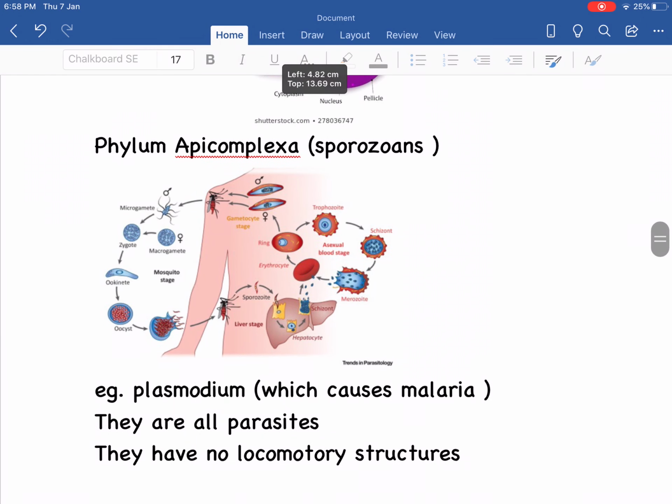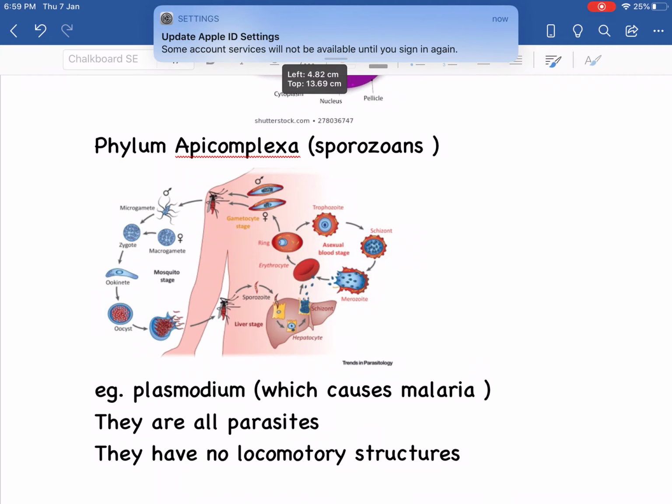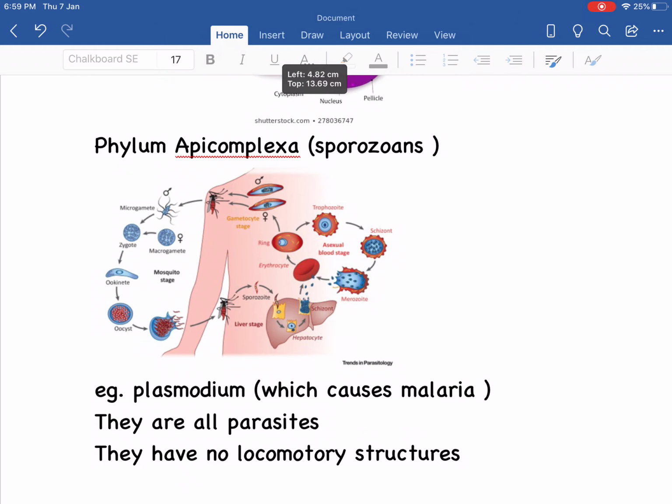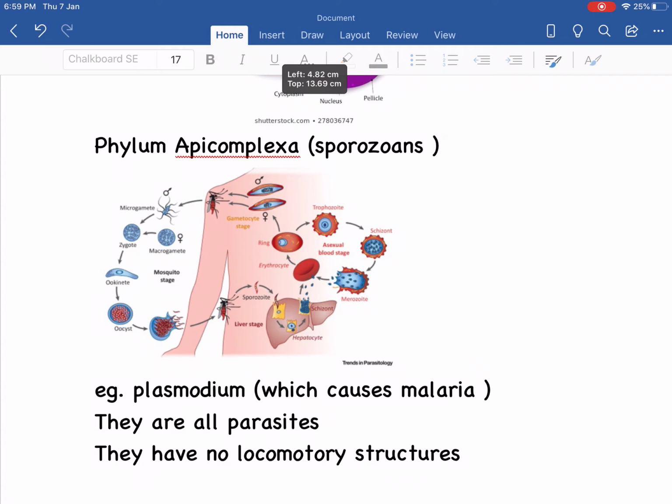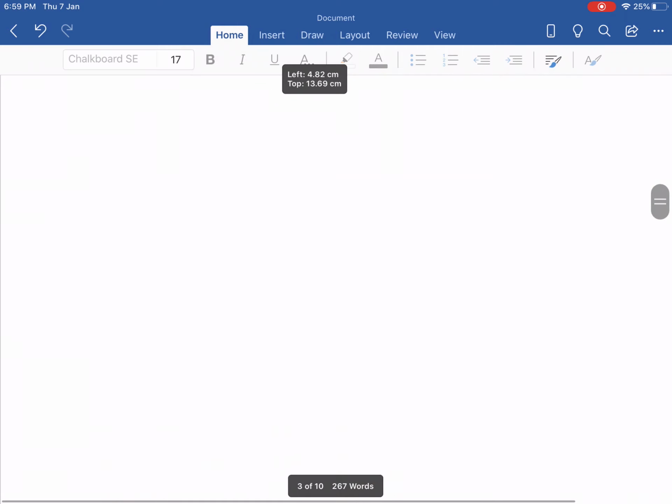Phylum Apicomplexa is another phylum under the kingdom Protoctista. They are called the sporozoans. An example of this is the Plasmodium, which causes malaria. Now, the main characteristic of organisms under this phylum is they have no locomotory structures, unlike the flagellates and the rhizopods.